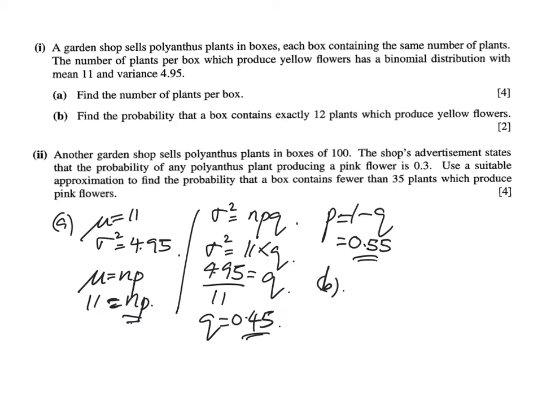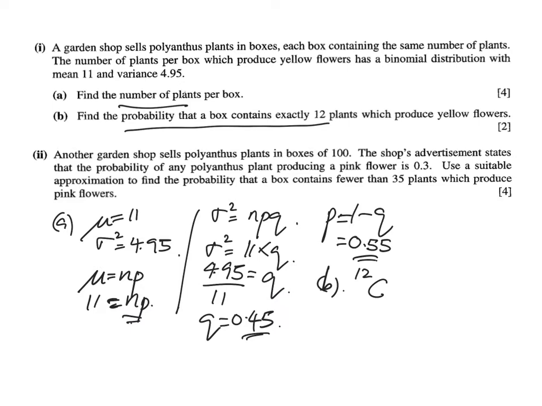And this question, find the probability that the box contains exactly 12 plants. So 12 C, sorry, how many? Not 12. No, I need n, isn't it? Yes, I still haven't got the n value. Okay, my bad. Let's find out what n is.